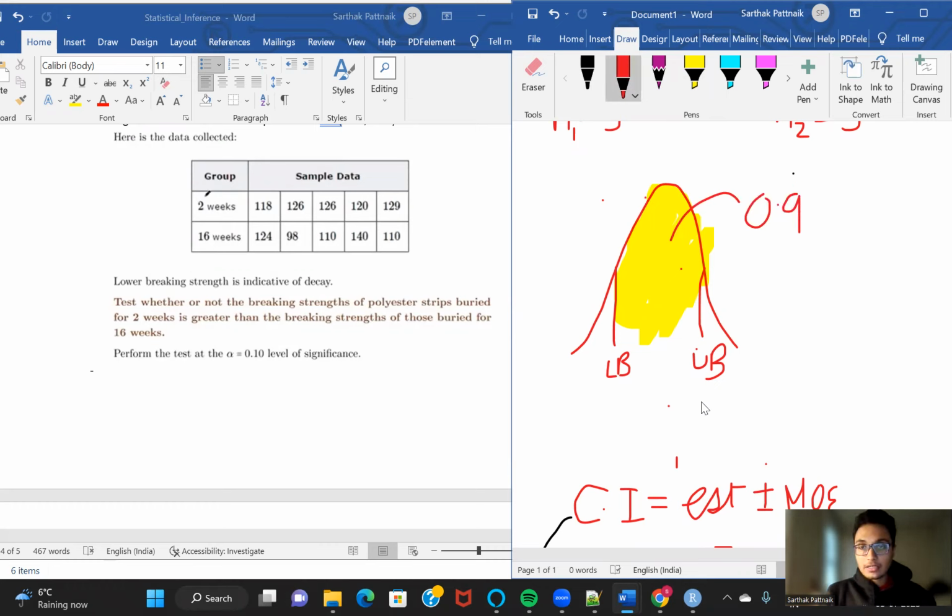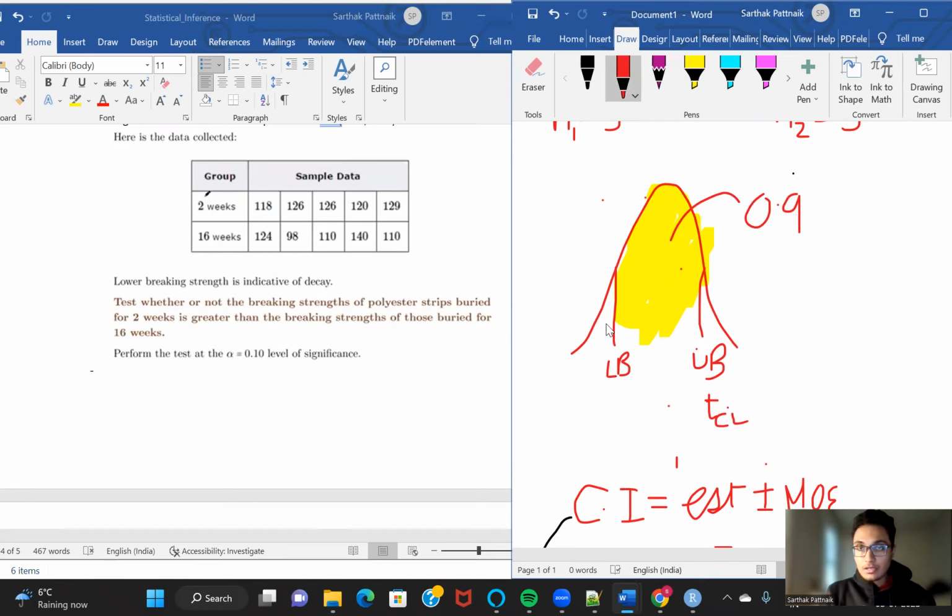And if I need to calculate this t critical value out here, because of the property of symmetry of the t distribution, the area to the left of the lower bound is equal to the area to the right of the upper bound.